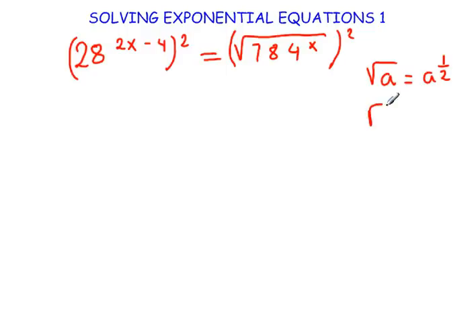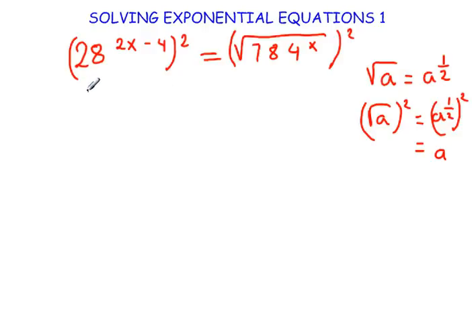So when you square that square root, you should get a to 1 over 2 squared, which is just a. So our goal is to eliminate this square root symbol.